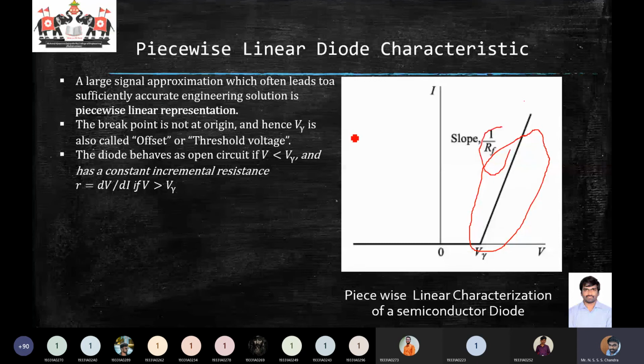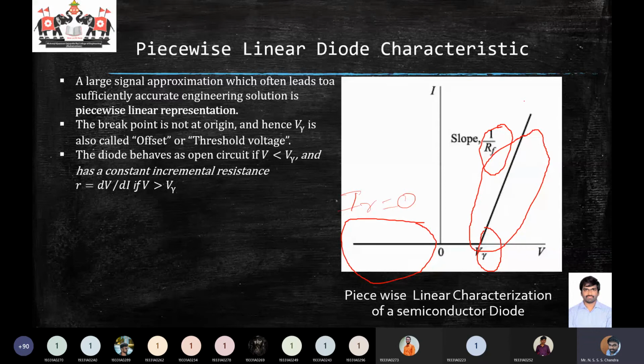Okay, so until your cut-in voltage, we are considering that piecewise linear diode. We'll consider that in the entire reverse bias condition, your current is 0. So here your current is 0. IR is entirely considered as 0.